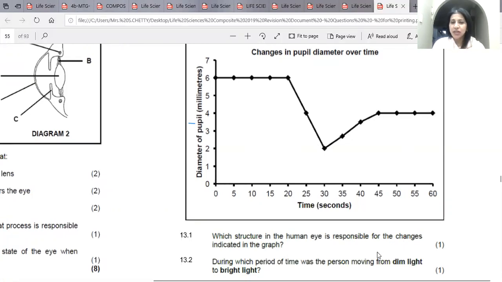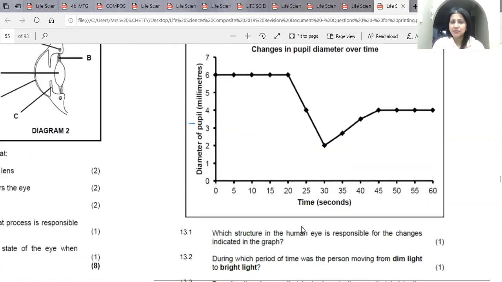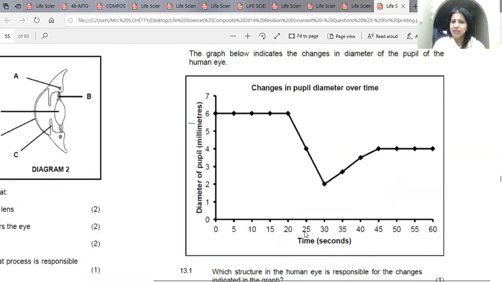Which structure in the human eye is responsible for the changes? It is the iris. The size of the pupil changes, but what is responsible for the change in the pupil is the iris. Okay? During which period of time was a person moving from dim light to bright light? From dim light it was big, bright light it was small.